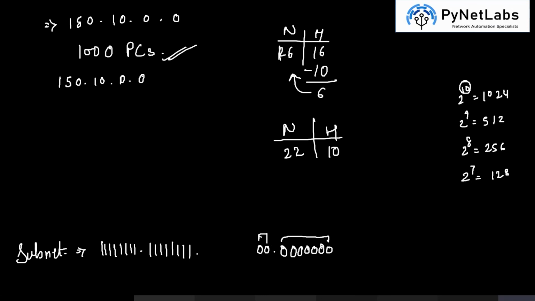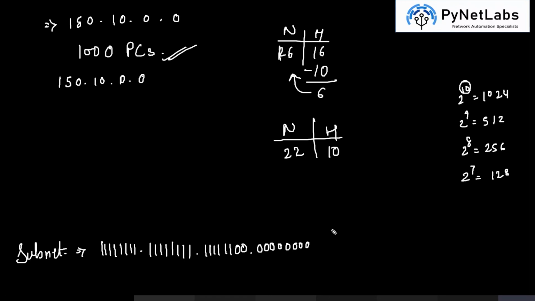So we will turn them on, and we get 11111100. So this is our modified subnet mask. We can call it the subnet mask we require for 1000 pieces, so that the least wastage of IP addresses is done.